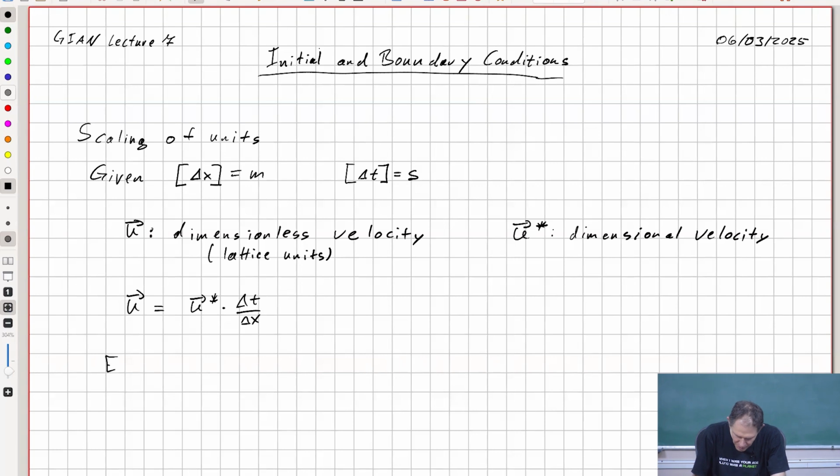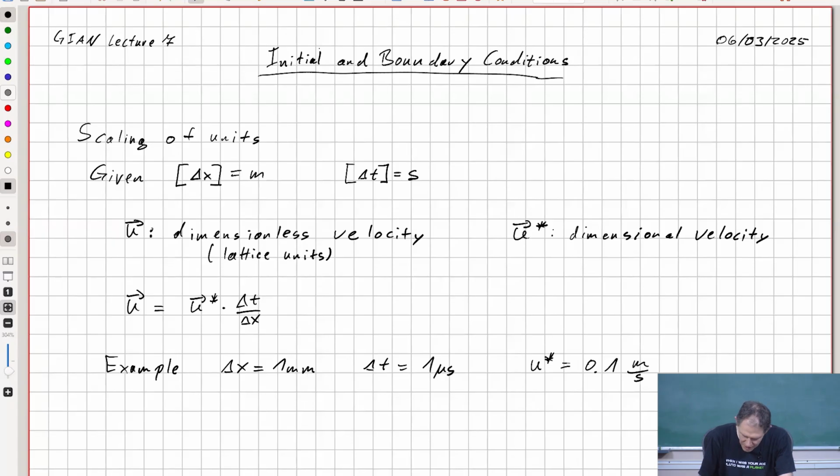So, for example, say that delta x would be 1 millimeter and delta t would be 1 microsecond, and our velocity that we have to deal with in the real world is 0.1 meters per second.